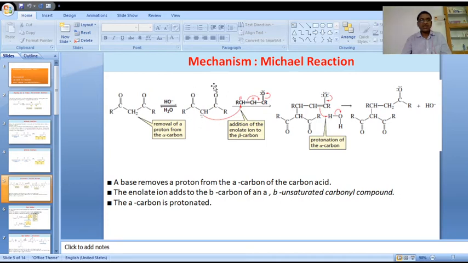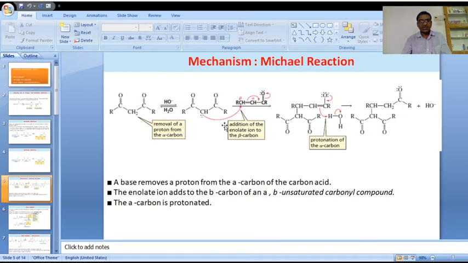This particular enolate ion adds to the beta carbon. For an alpha beta unsaturated compound, there is a carbonyl functional group. Adjacent to this carbonyl group, the first carbon is alpha and the next carbon is beta. In between alpha and beta there is an unsaturated pi bond.